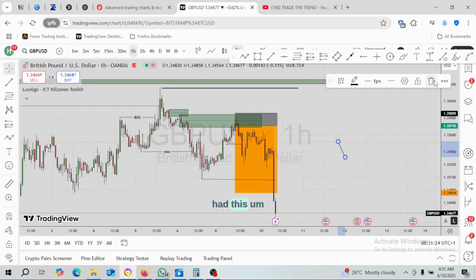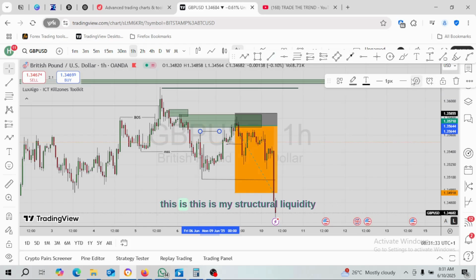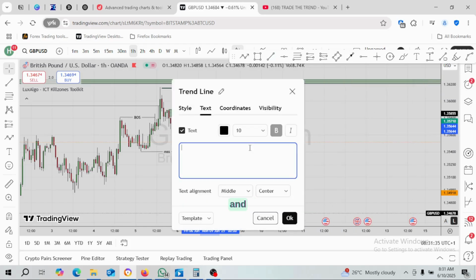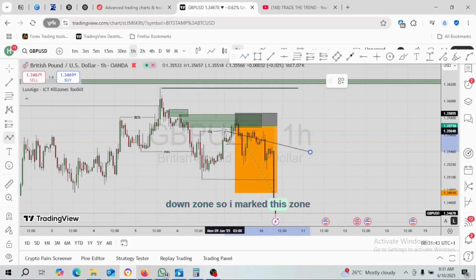We had this pullback that didn't mitigate that zone. This is my structural liquidity, and it didn't mitigate that zone, so I marked this zone out as an institutional reference point where price would come and respect.